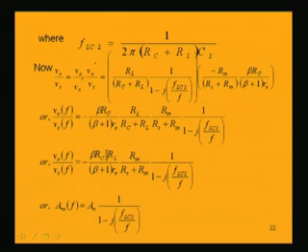Now, the whole expression of V naught by Vs will be equal to minus beta into Rc by beta plus 1 into Re, then this whole quantity written together. So, this is the overall expression.